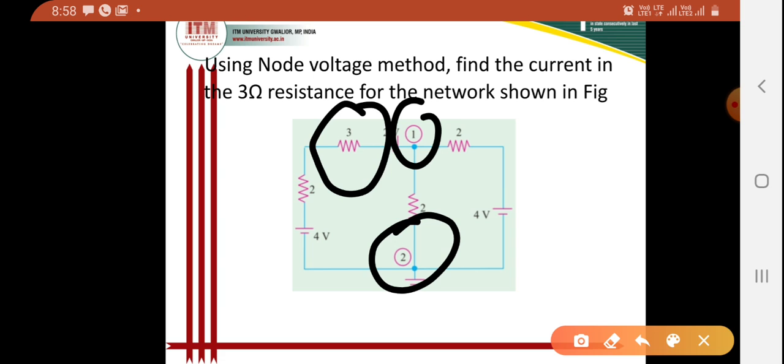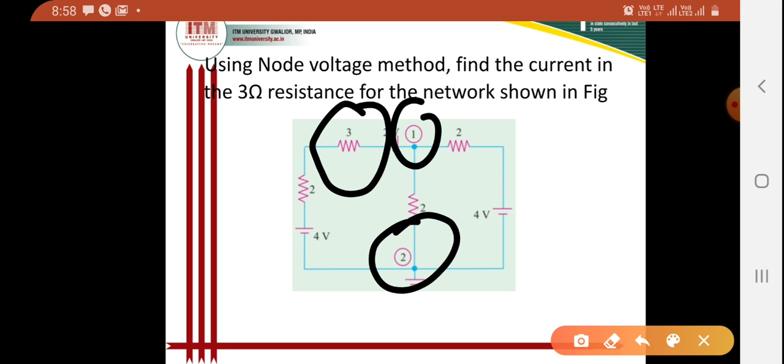This figure contains two nodes, and node 2 is taken as the reference node, obviously. So we will now find the value of node voltage V1.